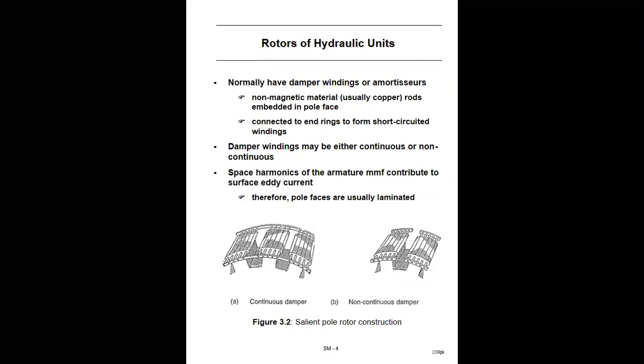Space harmonics of the armature MMF contribute to surface eddy currents. Therefore, pole faces are usually laminated. In figure 3.2, on the left hand side you can see a continuous damper winding, and on the right hand side a non-continuous damper winding, where the conductors are short circuited with the help of end rings.